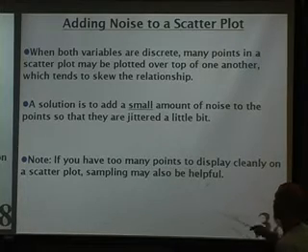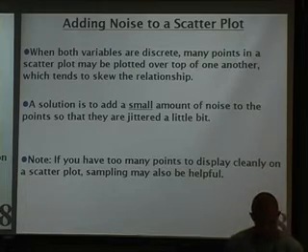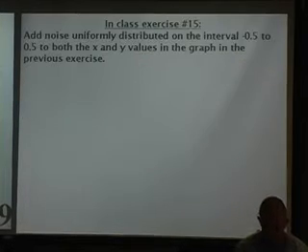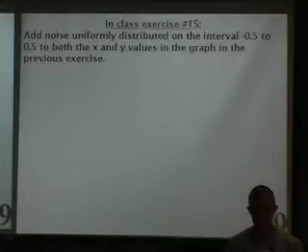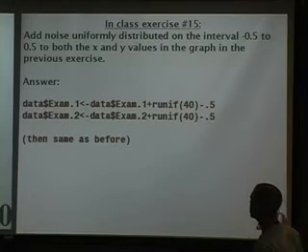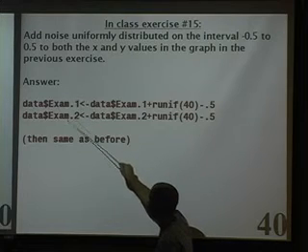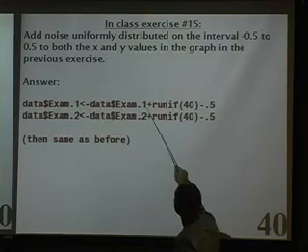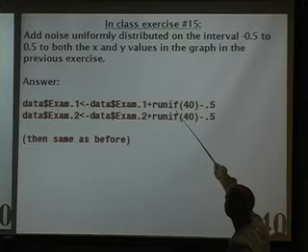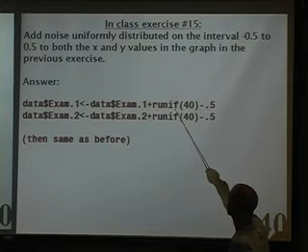But let me show you this first case with the jittering, because this, of course, is really easy to do in R. Suppose I just want to add uniform noise to both X and Y, uniform negative 0.5 to 0.5. Well, all I would do is overwrite data$exam1 and data$exam2 with the same thing, but runif generates uniform random numbers distributed on 0 to 1, and this argument is 40, right?